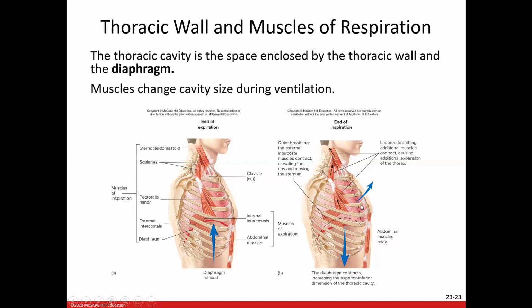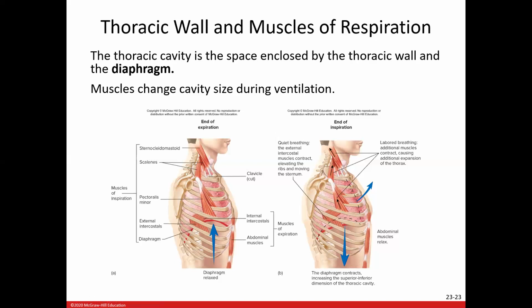So to make way for that, your ribs are going to sort of swing out of the way. Your book gives an analogy of them being kind of like a bucket handle that you can swing up and out of the way if you need to get something through that area.